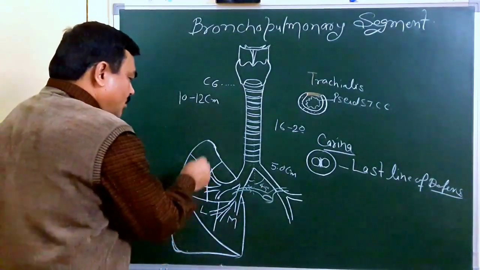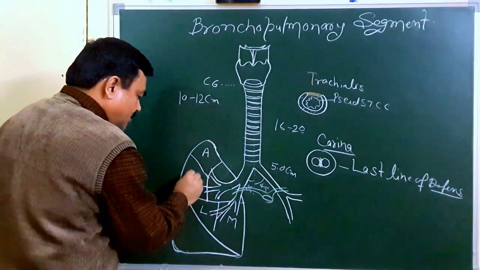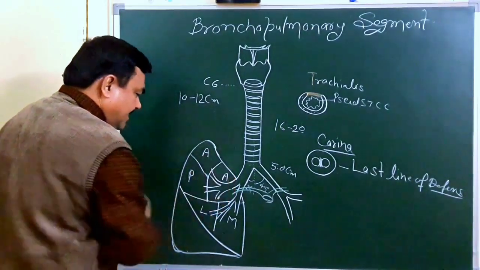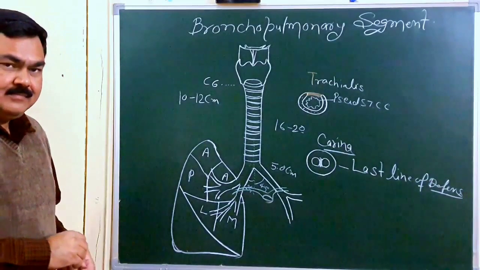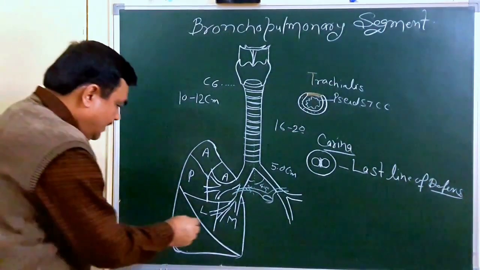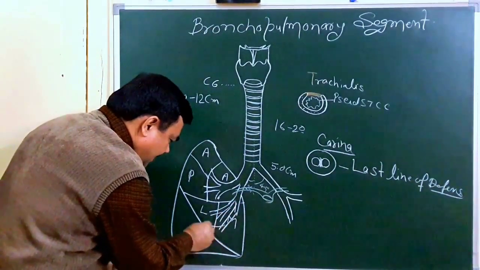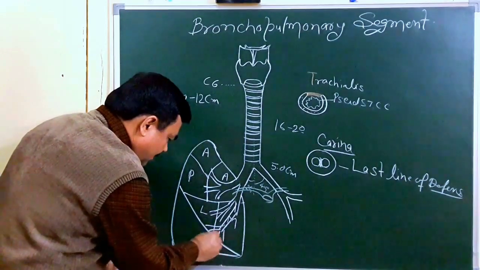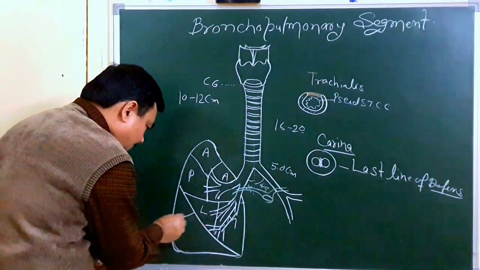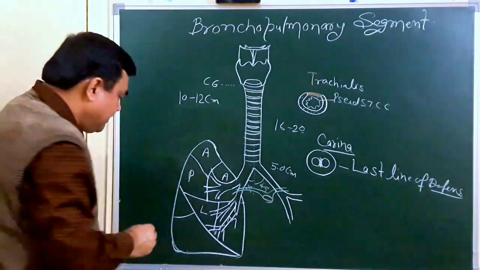Here in upper lobe, this is apex, this is posterior, this is anterior, and this is lower lobe. Lower lobe has 5 bronchopulmonary segments.